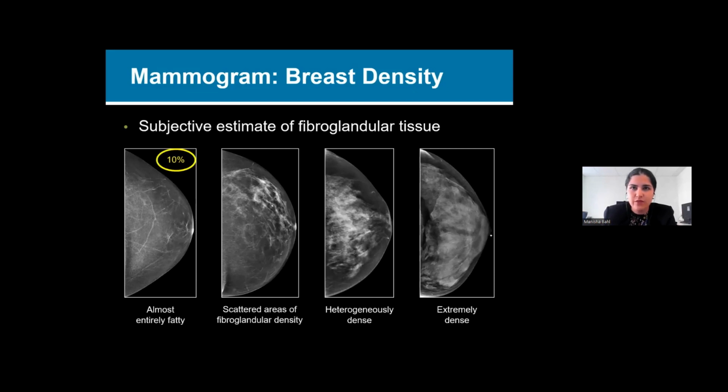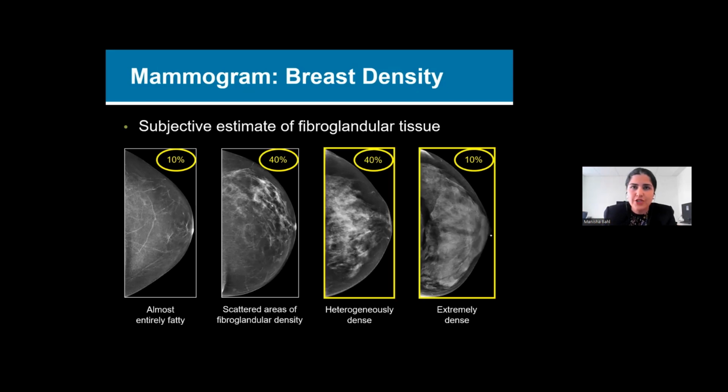Approximately 10% of women have fatty breasts, 40% have scattered areas of fibroglandular density, 40% have heterogeneously dense breast tissue, and 10% have extremely dense breast tissue. Women in these last two categories are considered to have dense breasts.